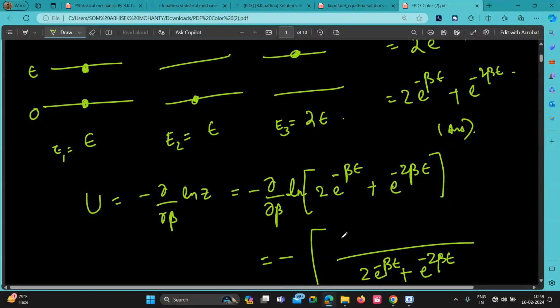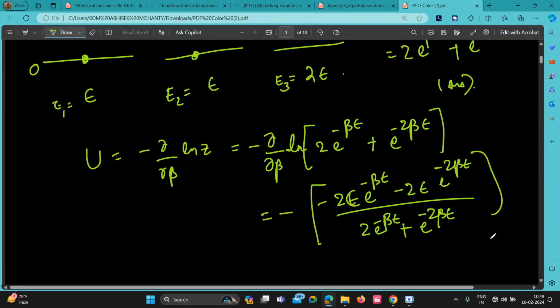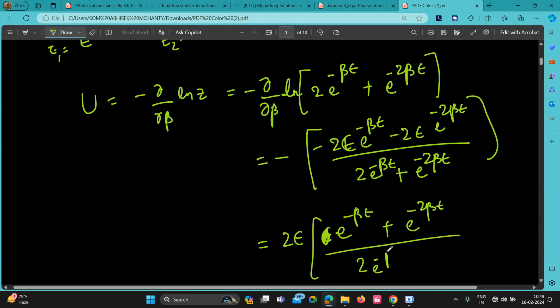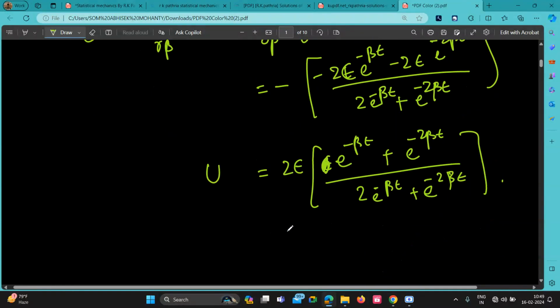Then the derivative of this is minus 2 epsilon e to the power minus beta epsilon minus 2 epsilon e to the power minus 2 beta epsilon. So minus, minus, you can take 2 epsilon out. That will be 2 epsilon times e to the power minus beta epsilon plus e to the power minus 2 beta epsilon, divided by 2 e to the power minus beta epsilon plus e to the power minus 2 beta epsilon. So this will be your average energy, alright?